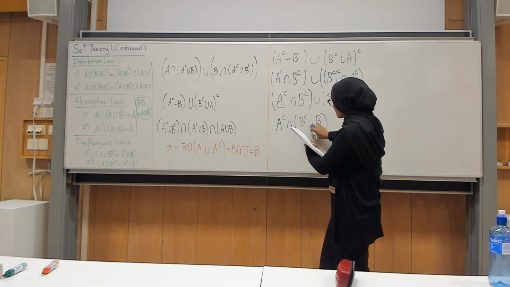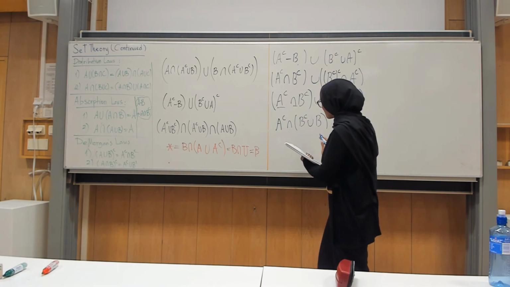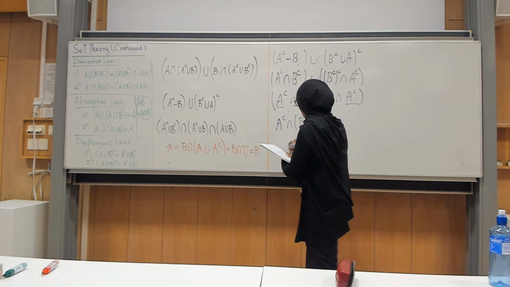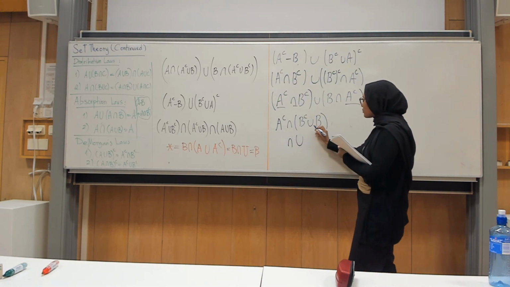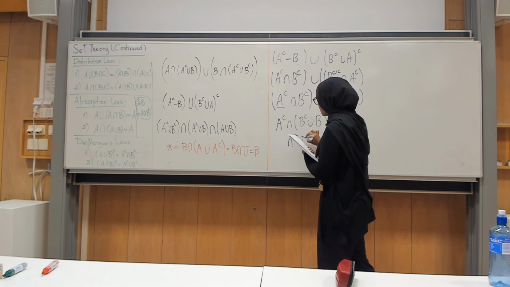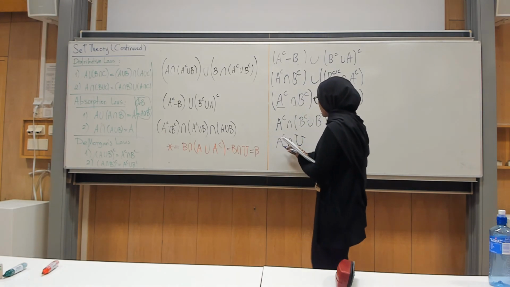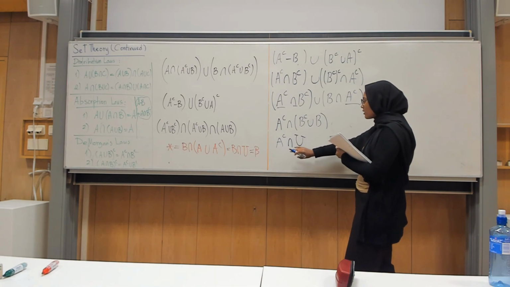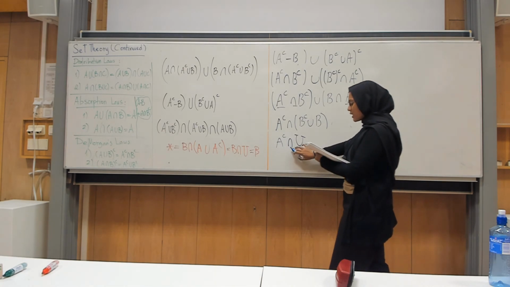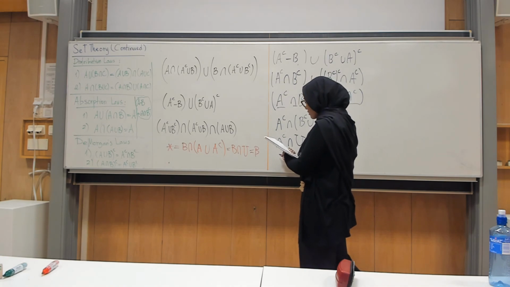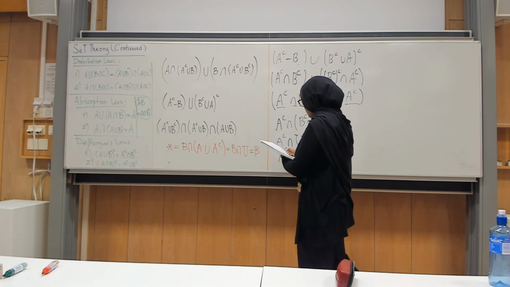No, that's correct, everything was correct. B complement union B is the universal set, and then we got A complement, and a set intersected with the universal set is the set itself. Thank you very much.